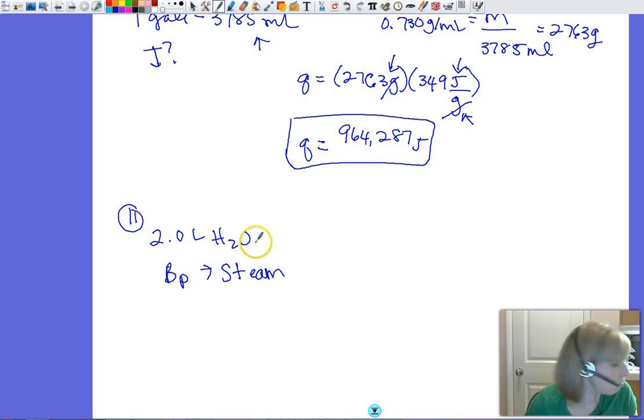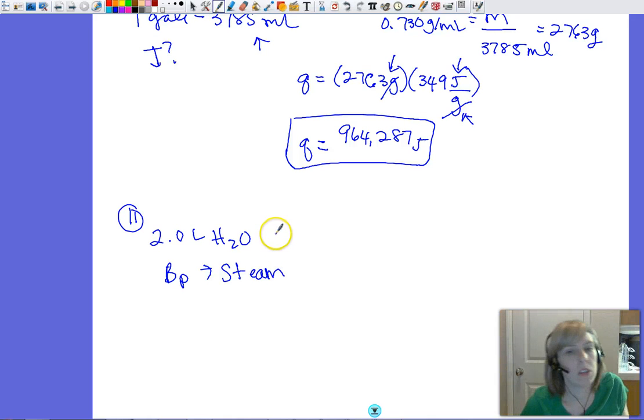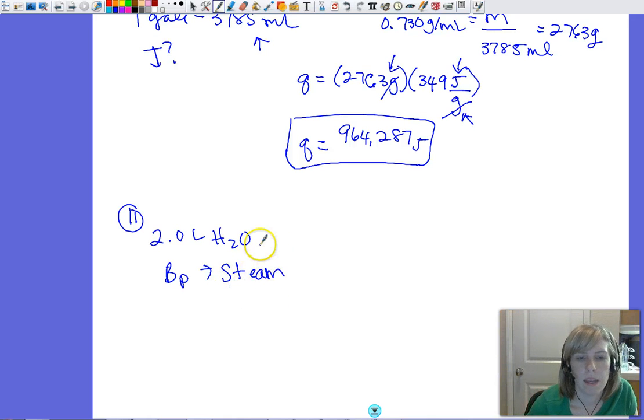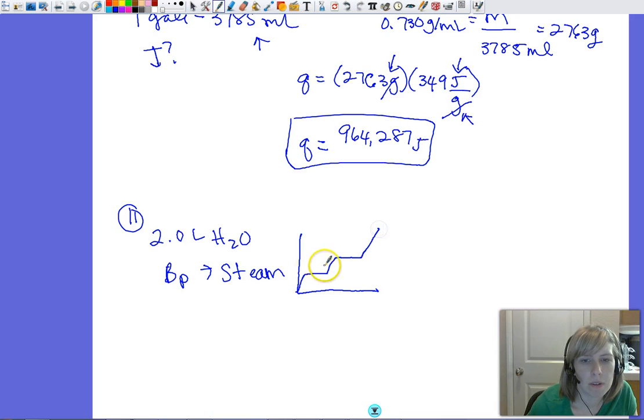Alright, so once again, we have no delta T, and what we need to see here is that it's not saying that water is heated up to a temperature, it's just saying it's at the boiling point and it's going to steam.